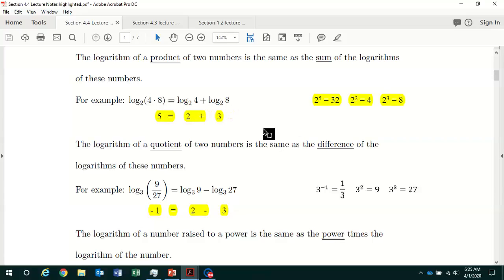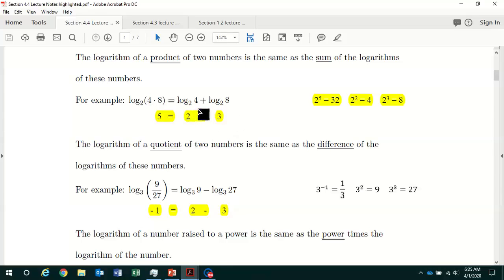Can't be different. Well, 4 times 8 is 32. So log base 2 of 32 is equal to 5, right? Because 2 to the 5th power is equal to 32. So log base 2 of 32 is equal to 5. So this sum on the right-hand side also has to equal 5.